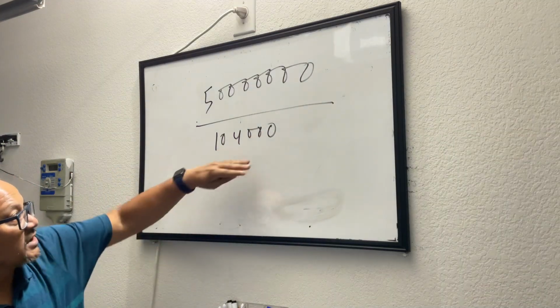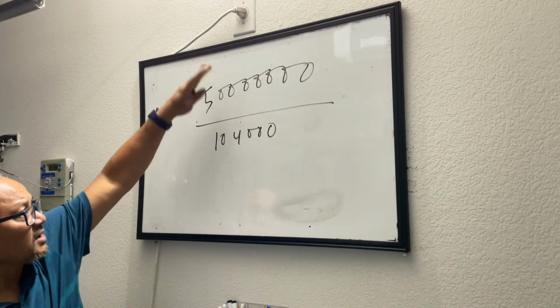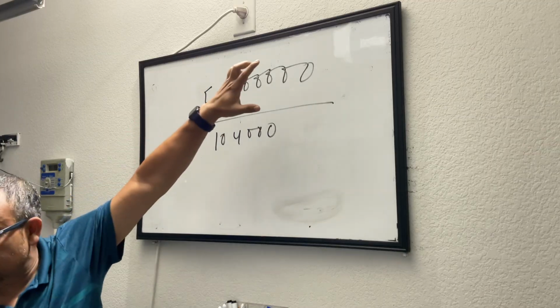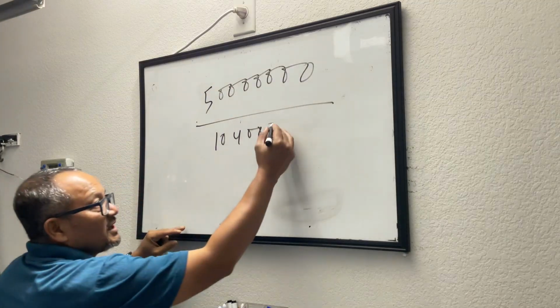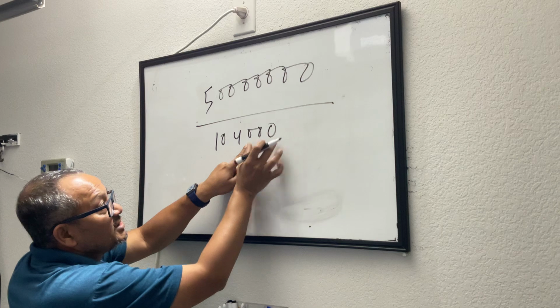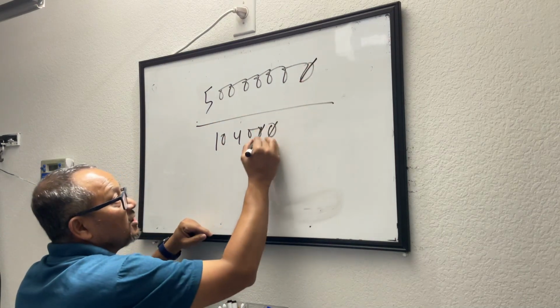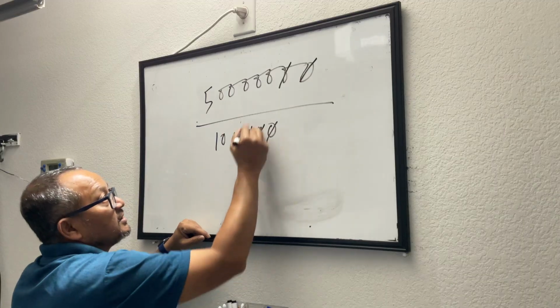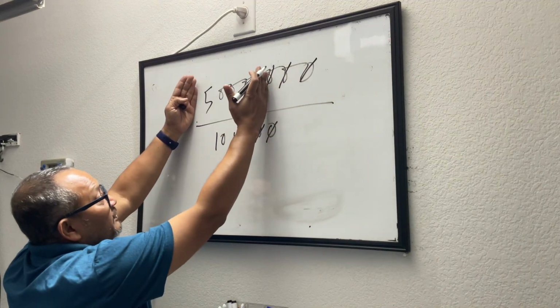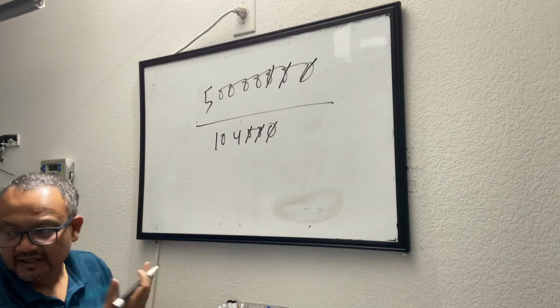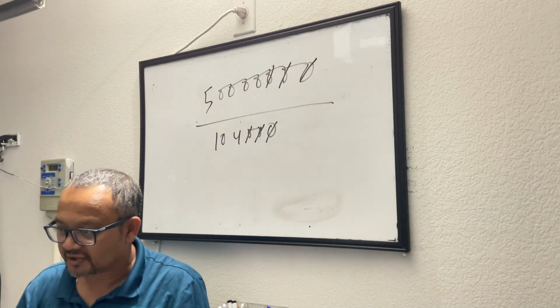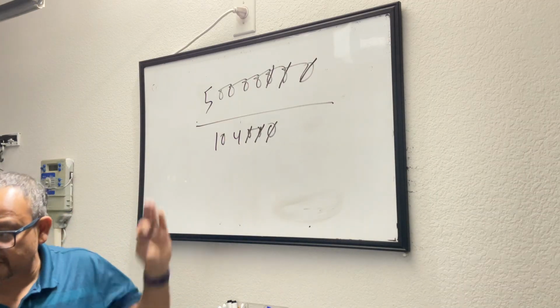If I have a situation like this, I will not stress out to do this big division. Since I see some trailing zeros here and trailing zeros here, I will just simplify my calculation by knocking off the zeros at the end. Then I am left with 50,000 by 104, and that's an easier calculation to do. Don't try calculating it. I'm just showing you guys some trick.